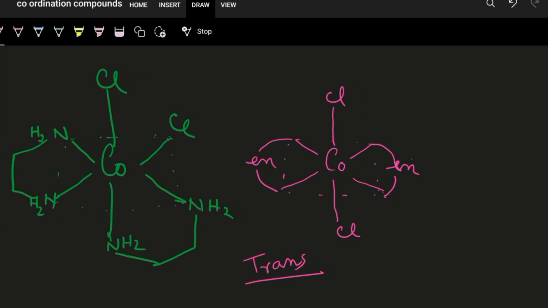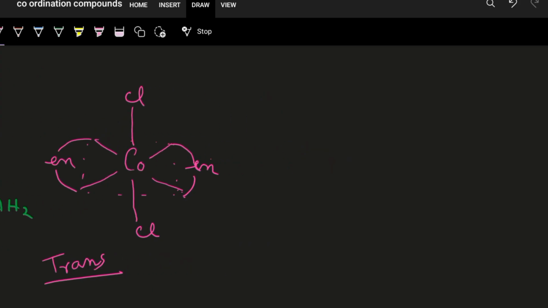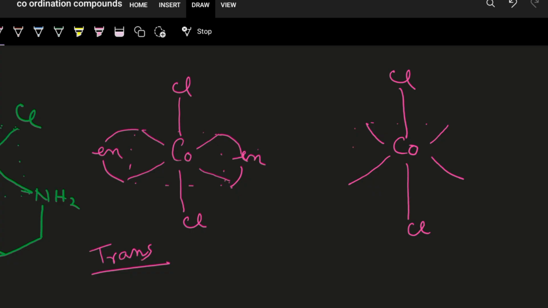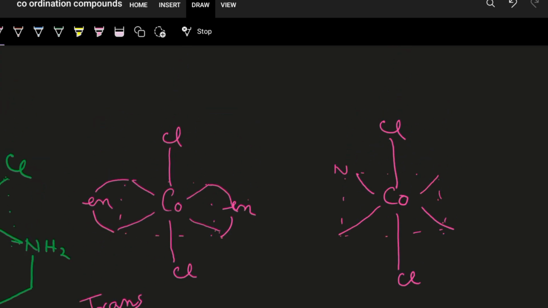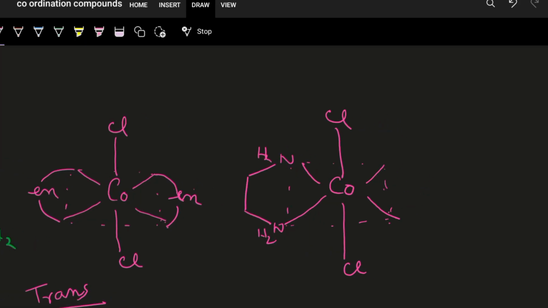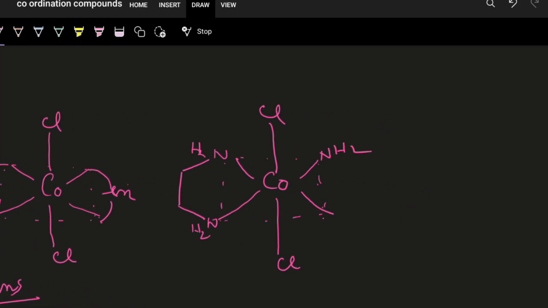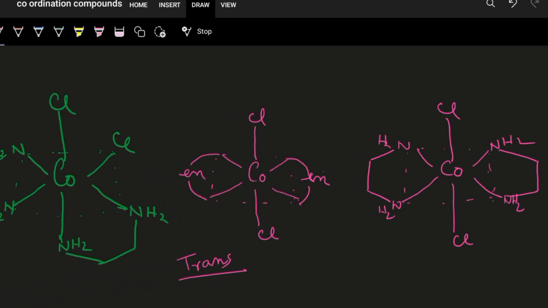Now if you ask how it is actually bonded, you draw it in this manner. Make Cl here, make Cl on the anti position, and then join the square plane in this manner and make NH2, CH2, CH2, NH2 joined here. So make here NH2, CH2, CH2, and NH2 joined in this manner. So this is your trans isomer.